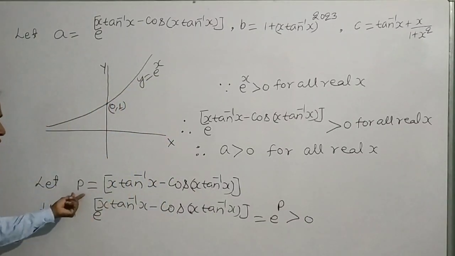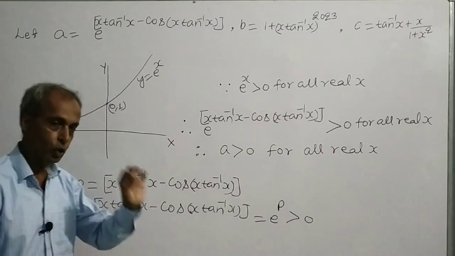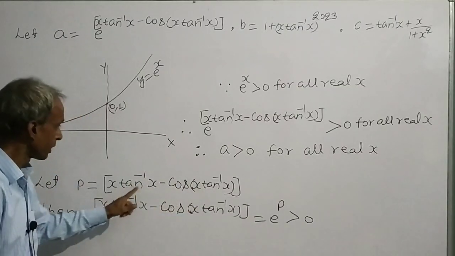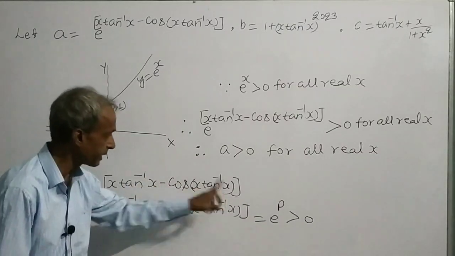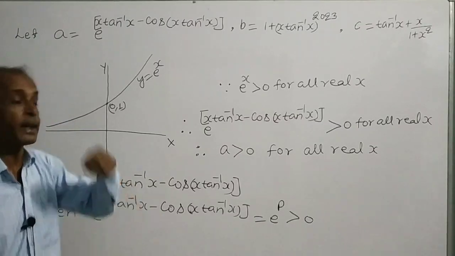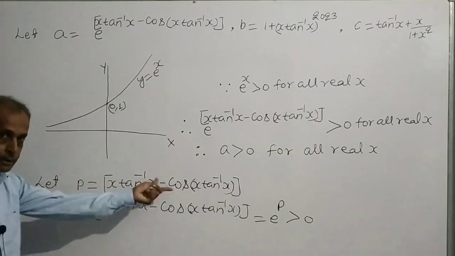Now we suppose p is equal to this. When we put any real number in place of x here, we get some other real number p.